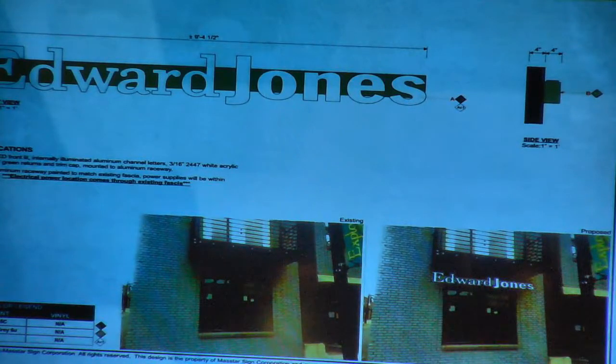So the question is going to be, this is very attractive, but future tenants, future signage, how is that going to be allotted with the property owner? Not had any conversations with the property owner about that.